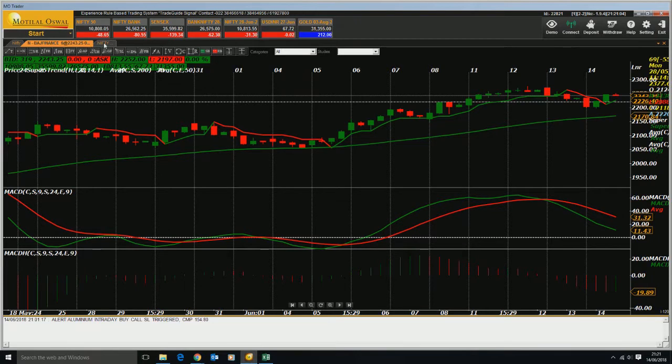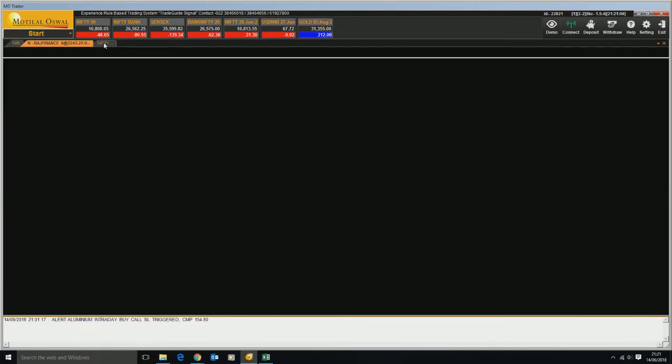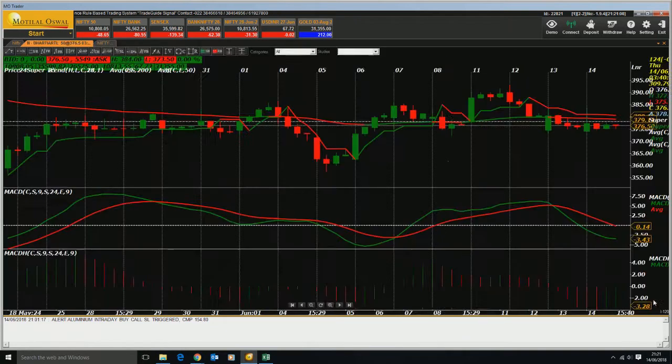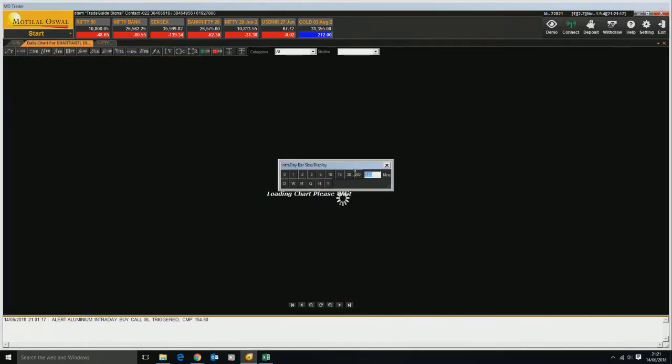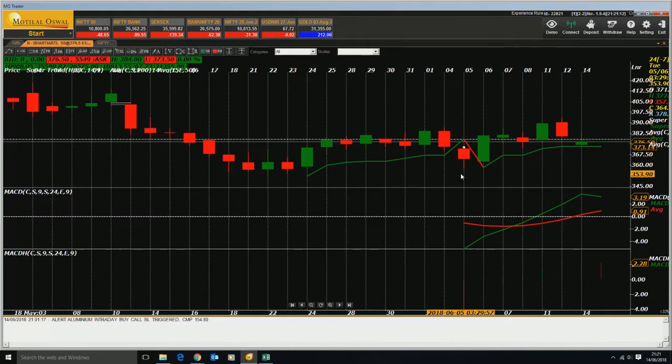Now let's see Bharti Airtel. If I go to the daily charts, so I go to 375. Bharti Airtel on the daily chart is also more or less on a sideways trend. It is moving from a low of 340 or 350 to a high of roughly around 390. So 40-50 points. It's simply sideways. It has no trends.